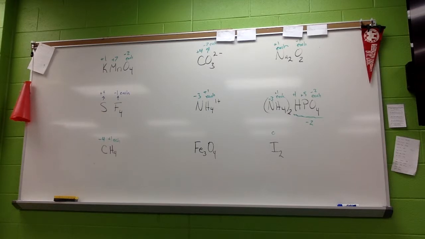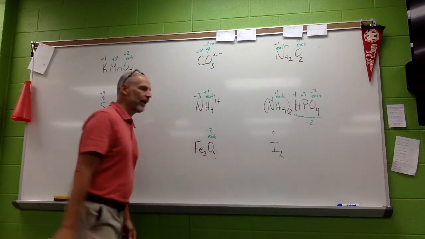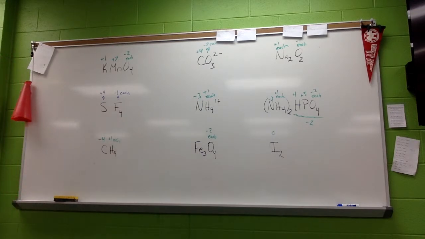Which then brings us to the pièce de résistance. Are there any that we know? What are the oxygens? Which gives us a net -8 charges. Have to have whole numbers for oxidation states. That would not be a whole number.